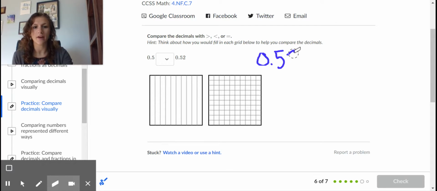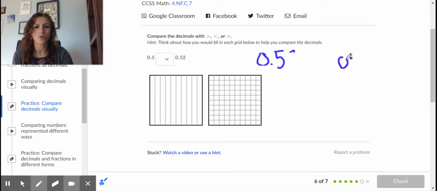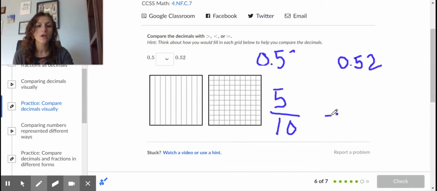All right, so we have our 5 tenths, and then we have our 52 hundredths. I want to go ahead and change it into my smallest unit. So I need to make my 5 tenths, again, I'm going to write it as a fraction, into hundredths, okay?